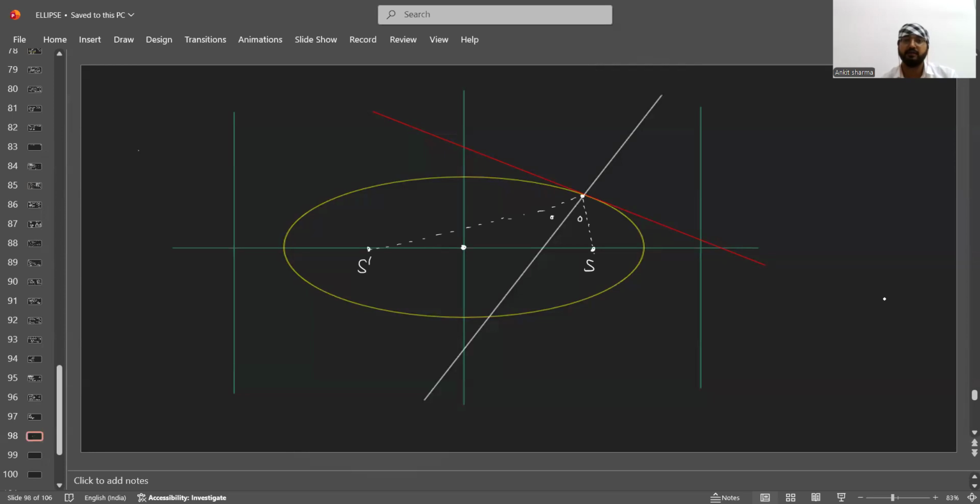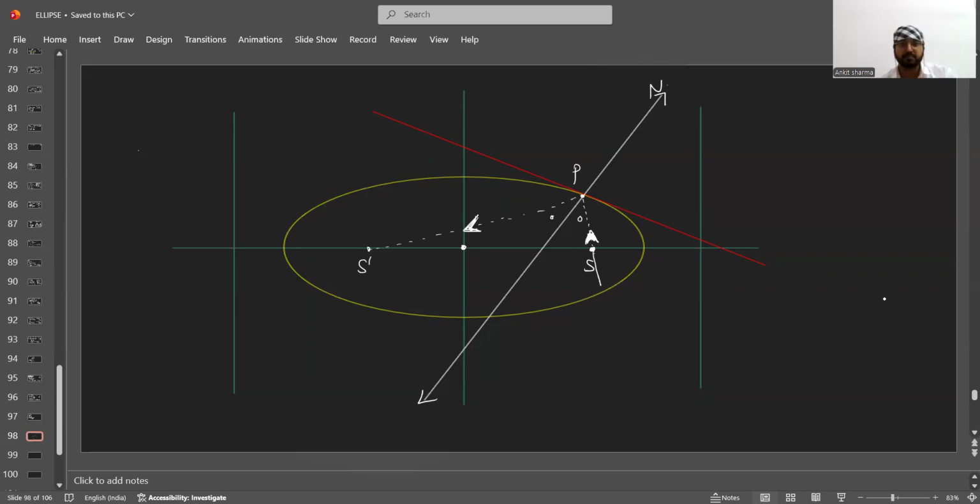If this is my normal, which is acting as the angle bisector for the angle SPS', which means if I consider this an incident ray which is incident from one of the foci, then it will get reflected from the ellipse and pass through the other focus.